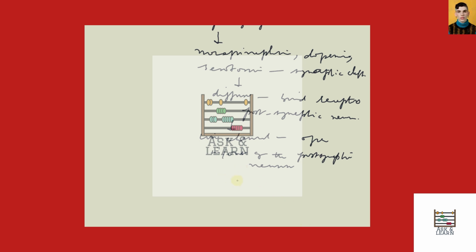Due to this, the movement of ions in and out of the postsynaptic neuron causes a change in concentration, which generates an electrical signal known as the postsynaptic potential.